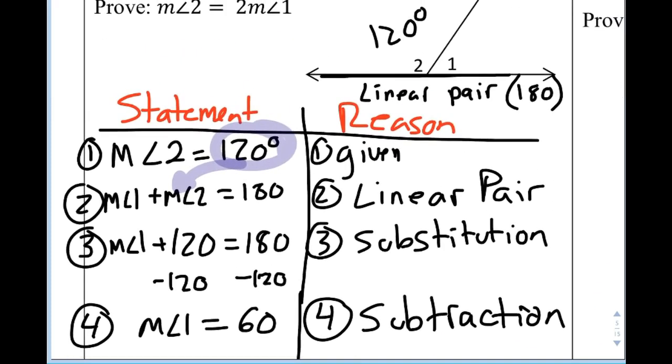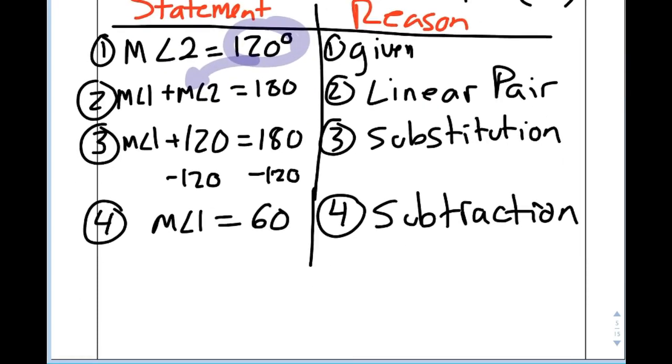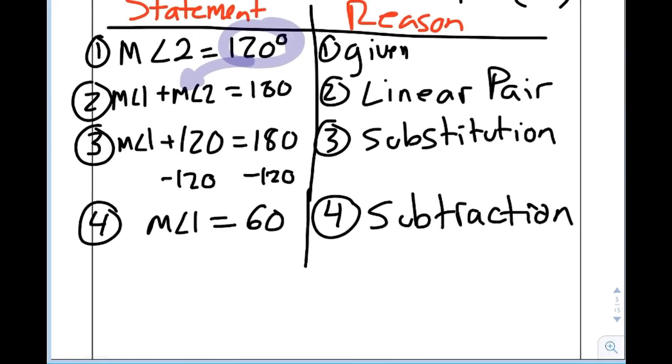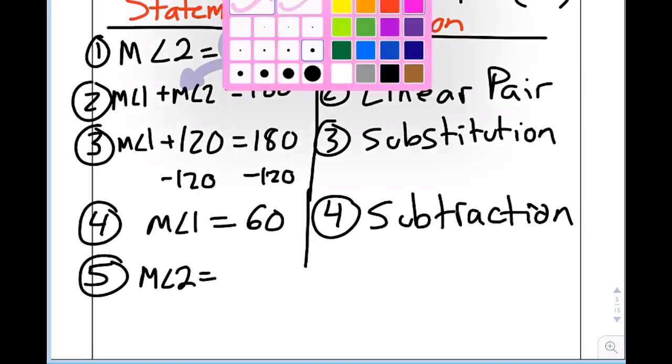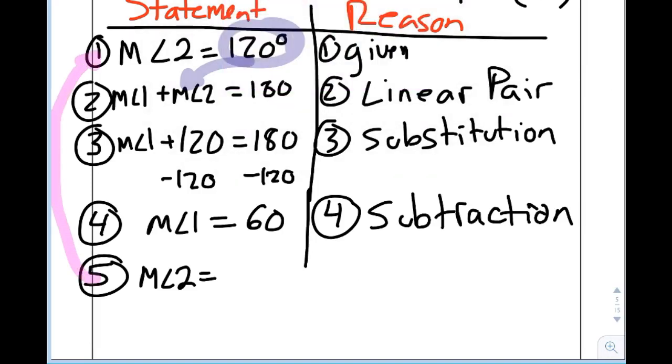Now, our key is to remember that we're trying to show the measure of angle 2 is twice the measure of angle 1. Well, number 5, the measure of angle 2 is equal to, I'm going to go right back to my top statement here, 120 degrees. Well, the measure of angle 2 is equal to 2 times 60 degrees. 120 is really 2 times 60.